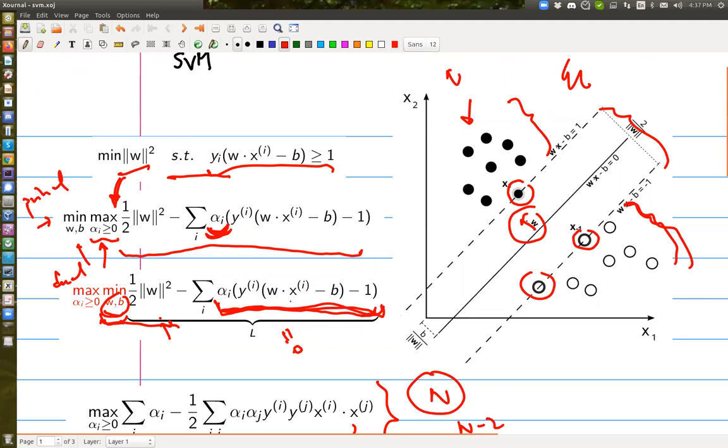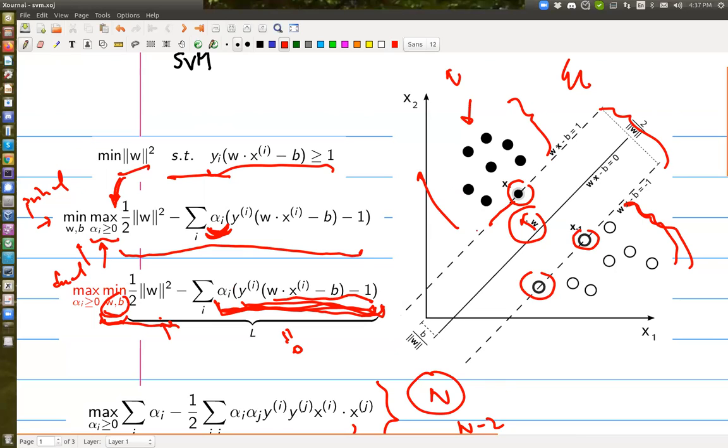So whenever this is non-zero, that's the case when I'm outside this boundary. This is the boundary here, where we'll have W x i minus b equal to 1, right?